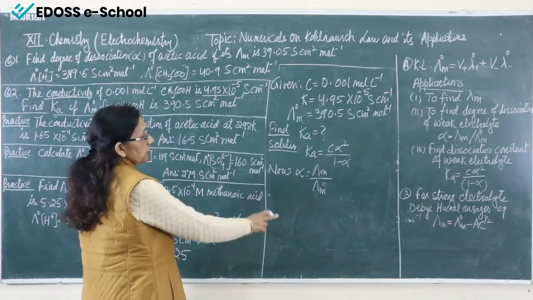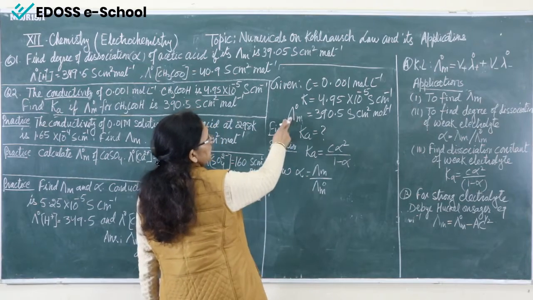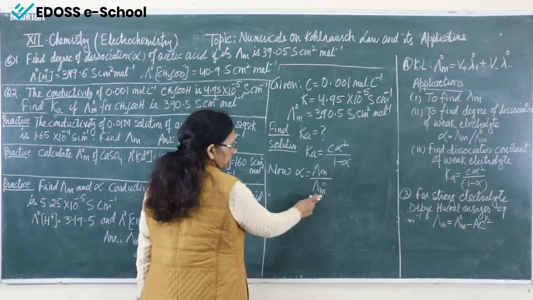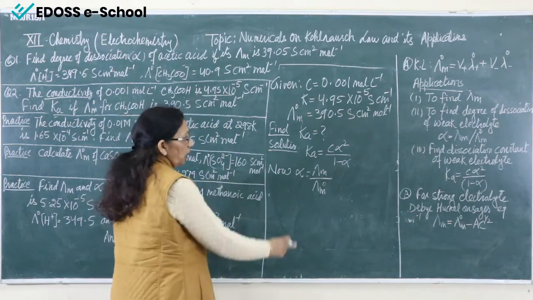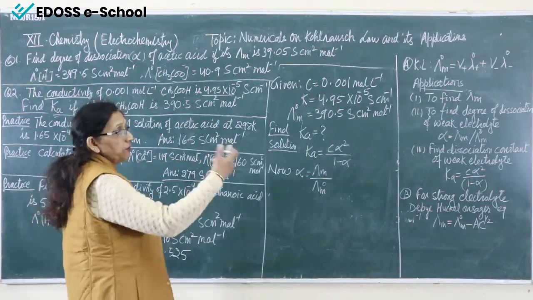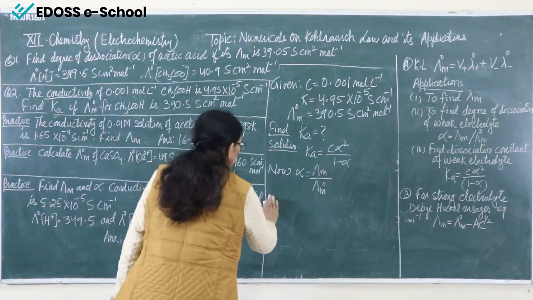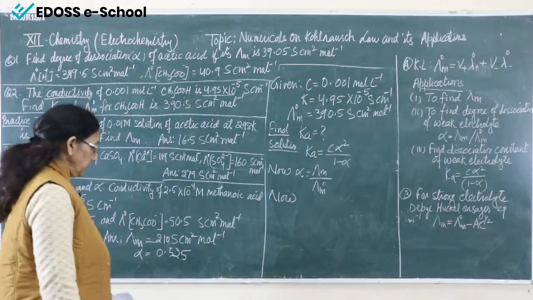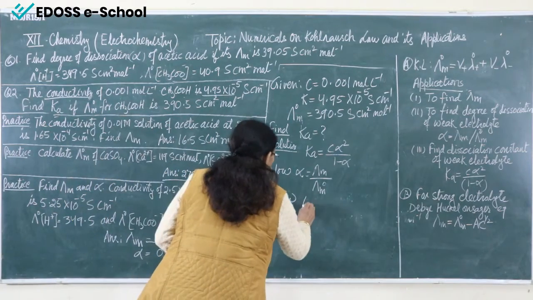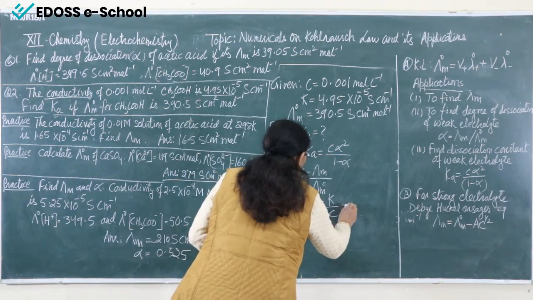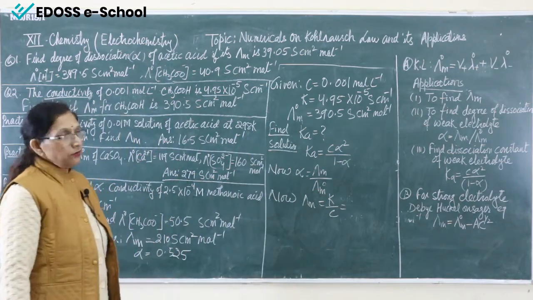Okay, now you can see here again, lambda m naught is given to us, but lambda m is not given to us. So third, again what will we do? We will find lambda m. So lambda m is equal to K upon C. This formula we will write here.